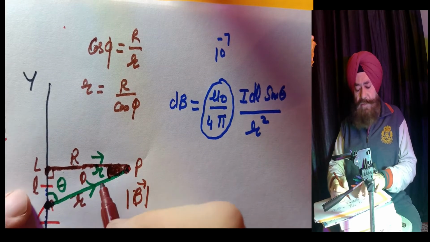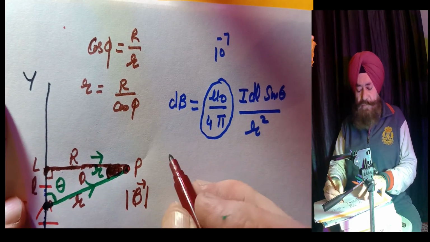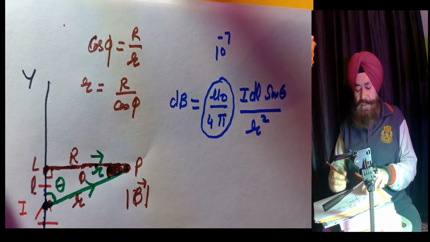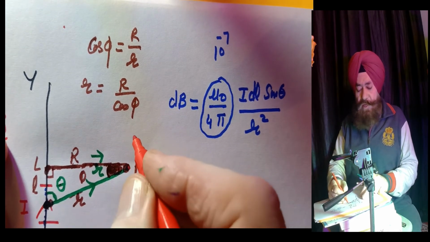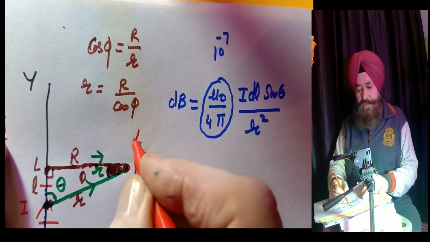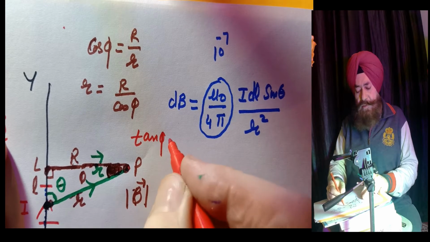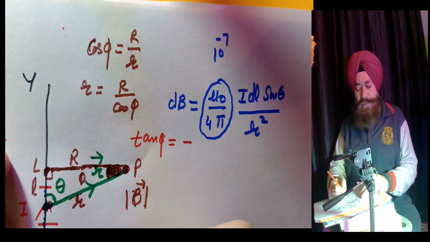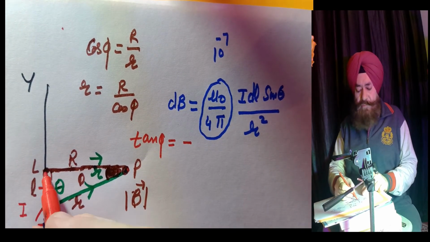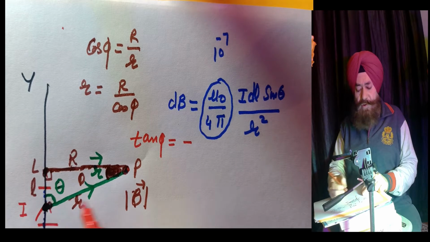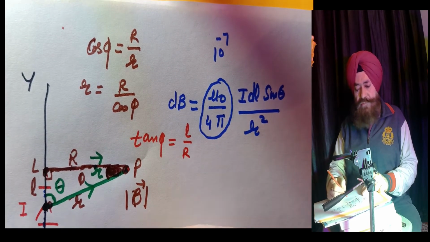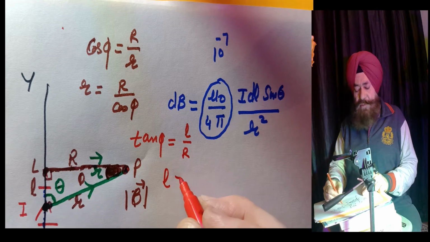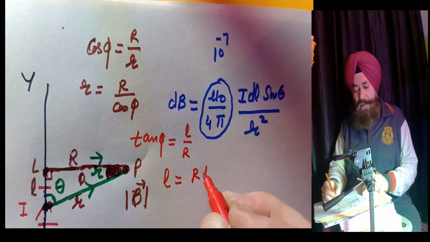Now I'm also interested in writing tan phi. So what is tan phi? You know, tan phi is perpendicular over base. What is perpendicular? Small l. What is base? Capital R. And l becomes R tan phi.